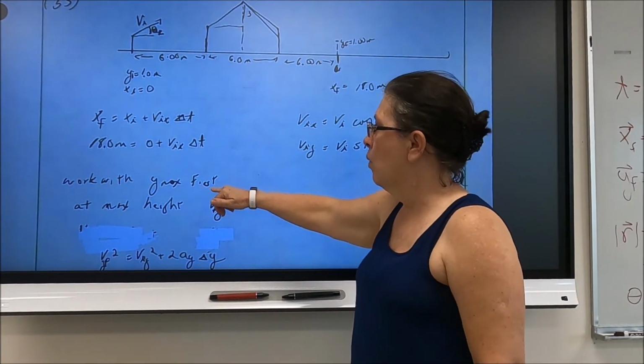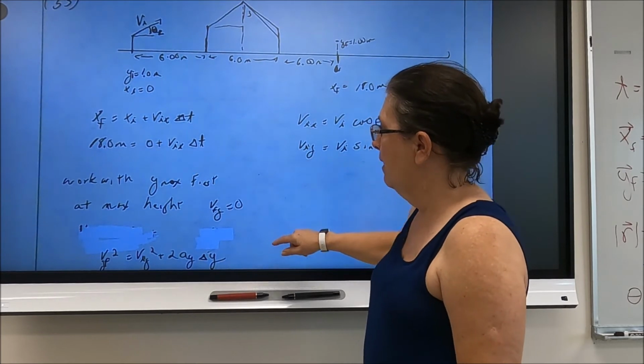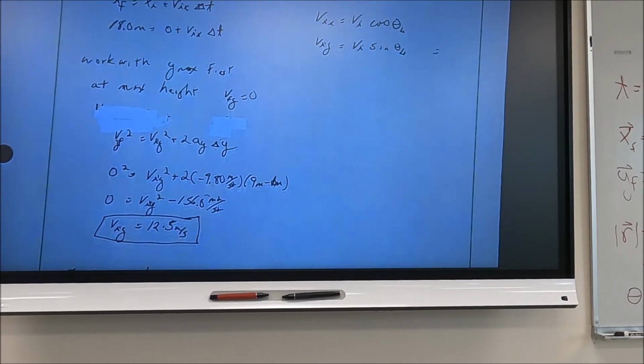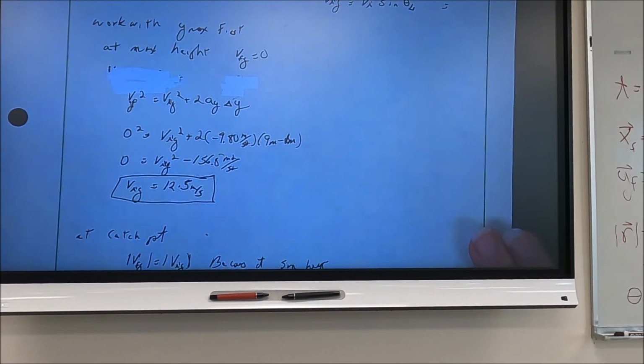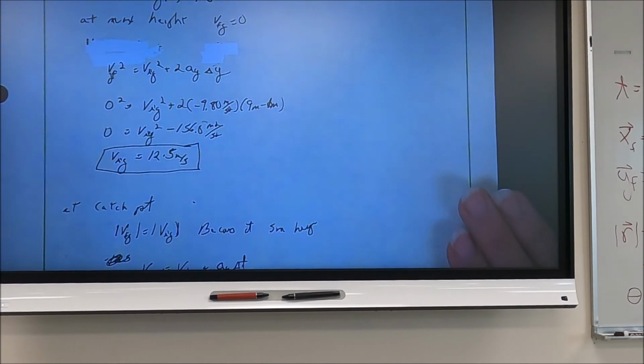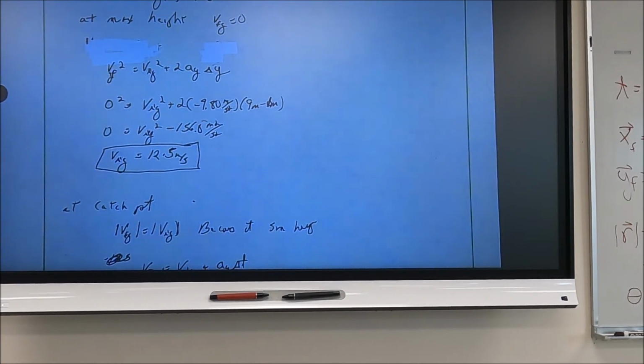So I'm going to work with y max first, okay? So if we look at y max, at our maximum height, I know the velocity final in the y direction is going to be 0. So I'm going to use v final y squared equals v initial y squared plus 2 a_y delta y.